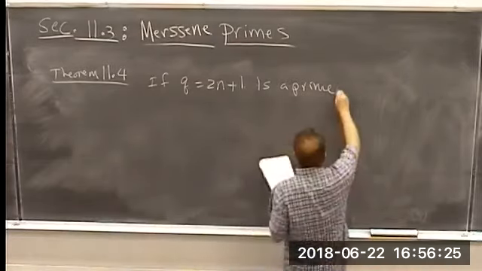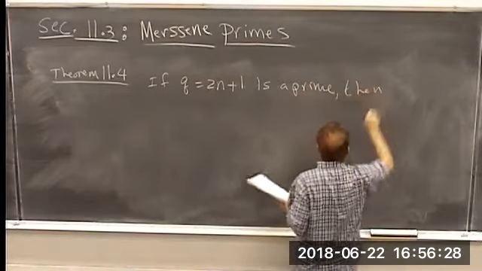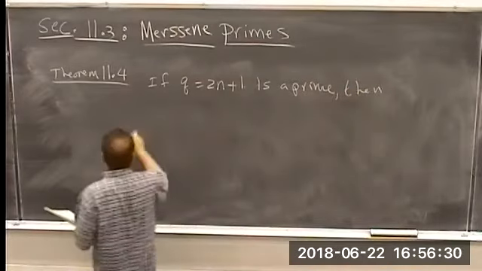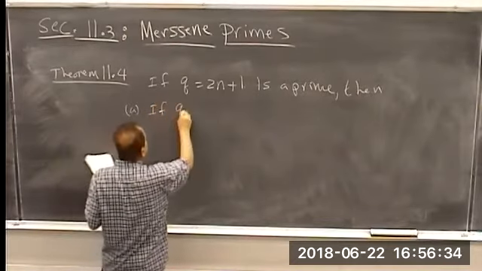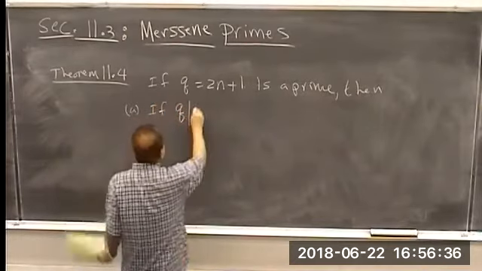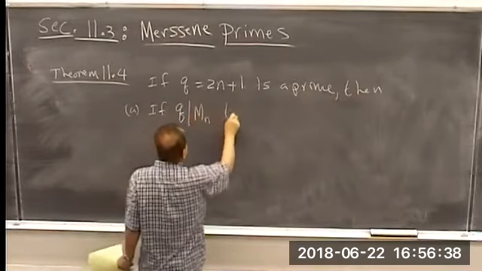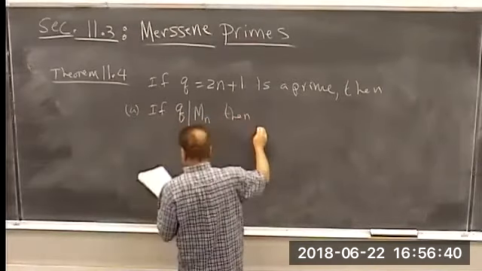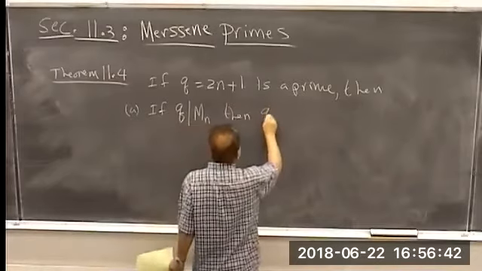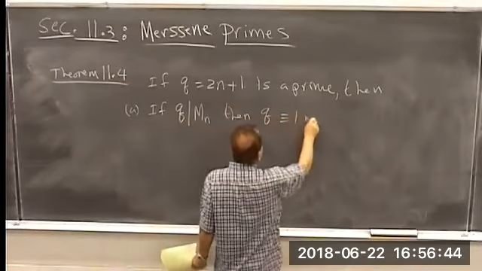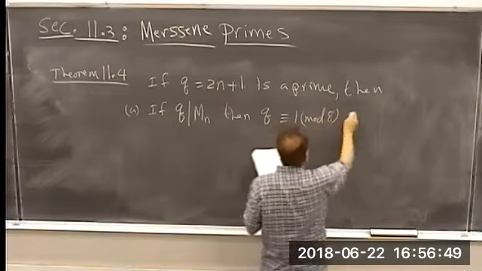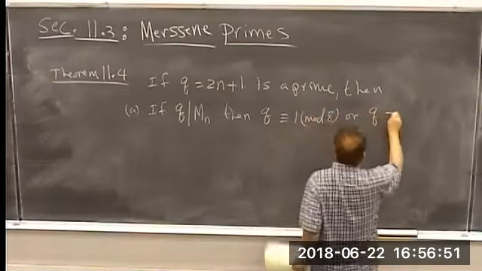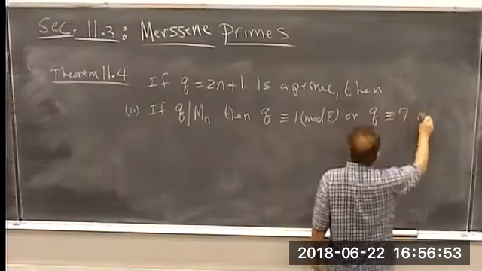Then the following is true: A. If Q divides M sub N, then Q is congruent to 1 mod 8, or Q is congruent to 7 mod 8.